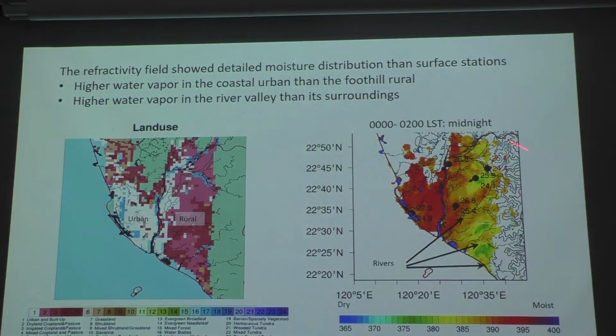Also, when you combine the information of land use and the refractivity, you can see that they can somehow differentiate the urban area and the rural area in the water vapor distribution near the surface. So this is very useful information.